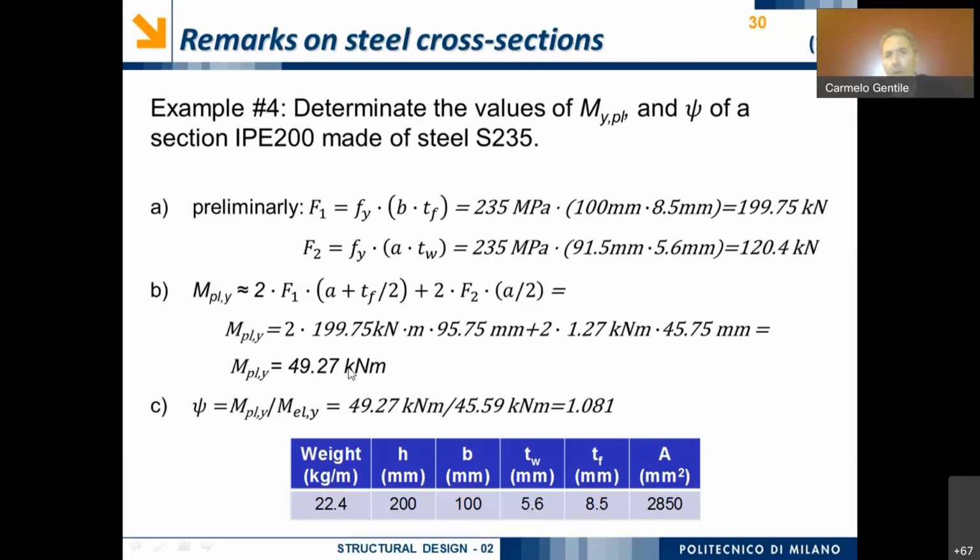The overall value of the bending moment is something like 49.27 kilonewton per meter. And so the value of C is equal to 1.081.